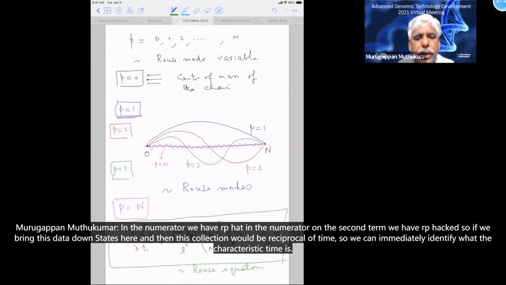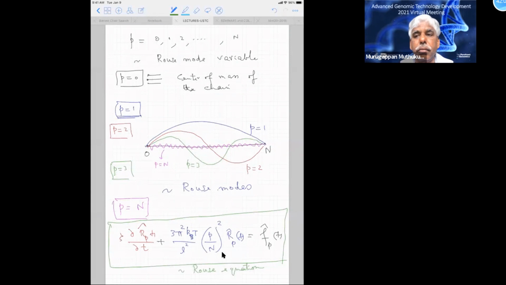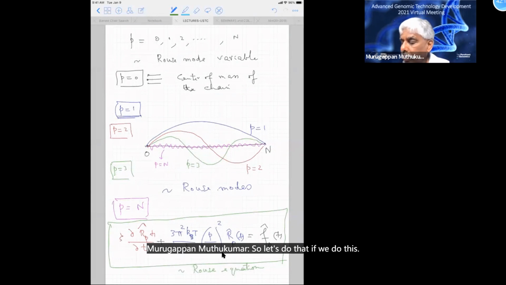In the numerator, we have r hat p. In the numerator on the second term, we have r hat p. If we bring this zeta downstairs, then this collection would be the reciprocal of time. So we can immediately identify the characteristic time. Let's call that characteristic time for the pth mode the Rouse time.